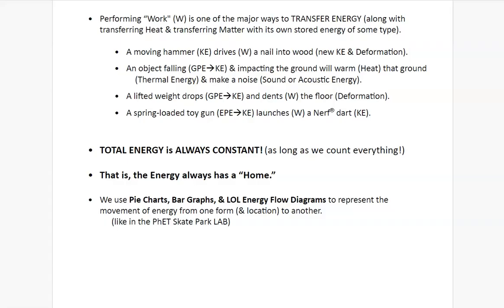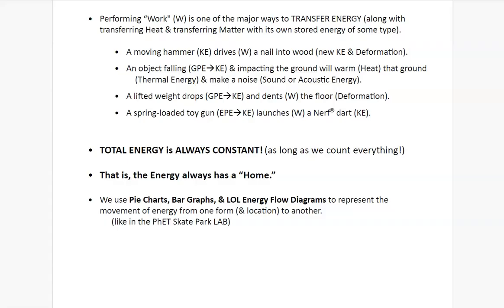Movement of matter means there's kinetic energy. And that kinetic energy is used to create work on the nail. So the nail is hit and the nail is driven into the wood, causing the nail to move. That's new kinetic energy. And the wood to deform. That's a different form of energy. That's a form of non-mechanical energy.